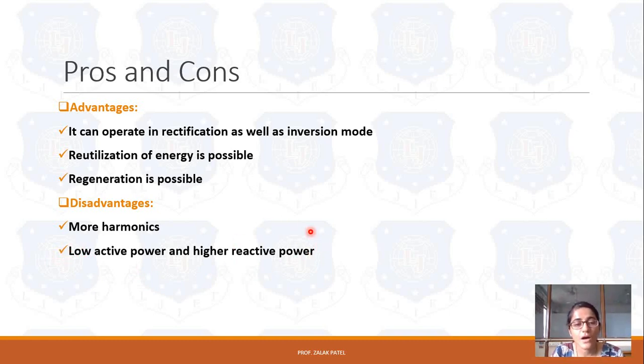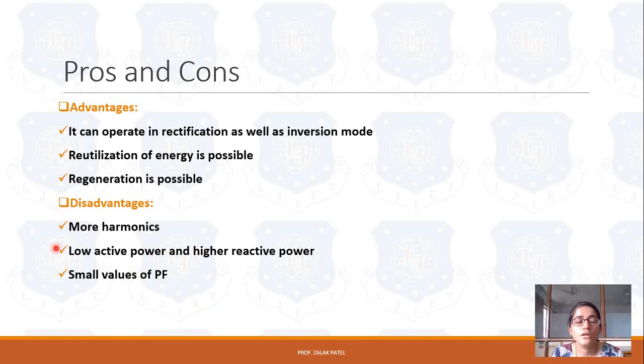Reactive power is a useless power and should be as minimum as possible, but in the full converter it has a higher value than in the semi converter case. Also the power factor value is very small, but power factor is the resistive part upon the reactive part, so it should be as high as possible, but in the full converter it will be small.